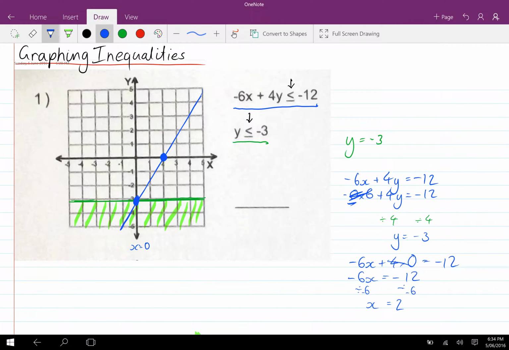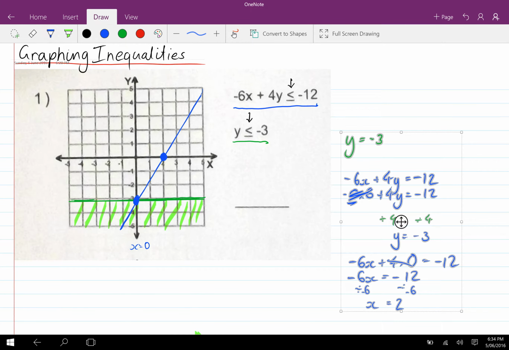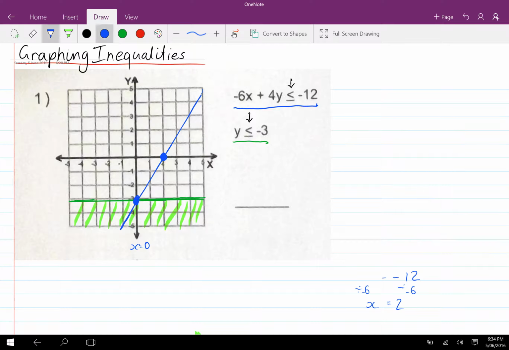Okay, so now I've got to decide which side of this line is the less than bit and which side of this line is the greater than bit. Okay, so I'm going to get rid of all my working out from here because I don't think I need that anymore. So delete that. And I'm going to do a new piece of working out.